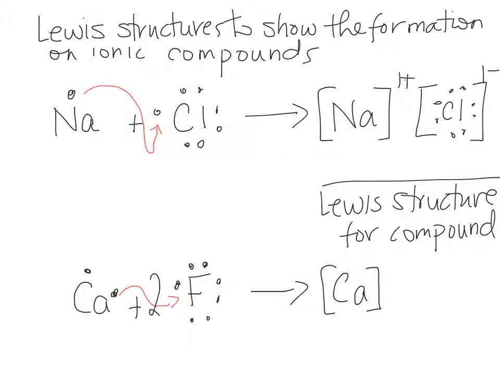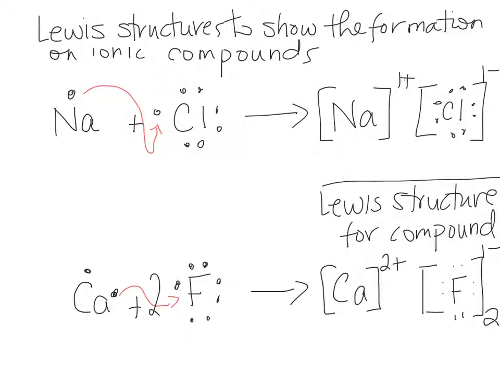Calcium has none, it lost 2. Fluorine gained 1 twice. So you can put a subscript 2, but the charge is still 1 minus, because each fluorine only gained 1.